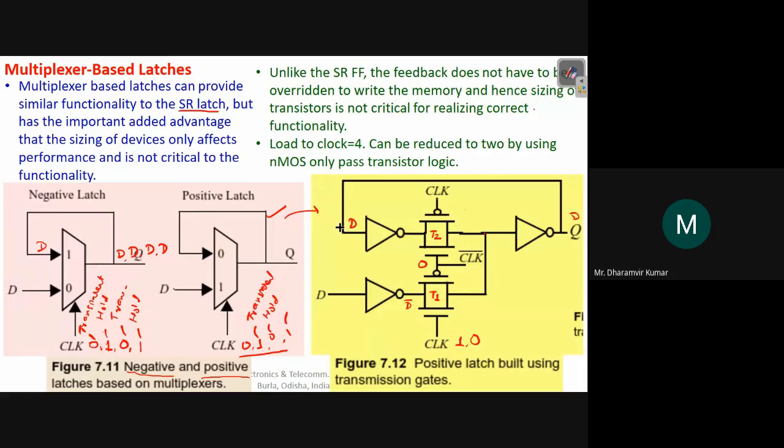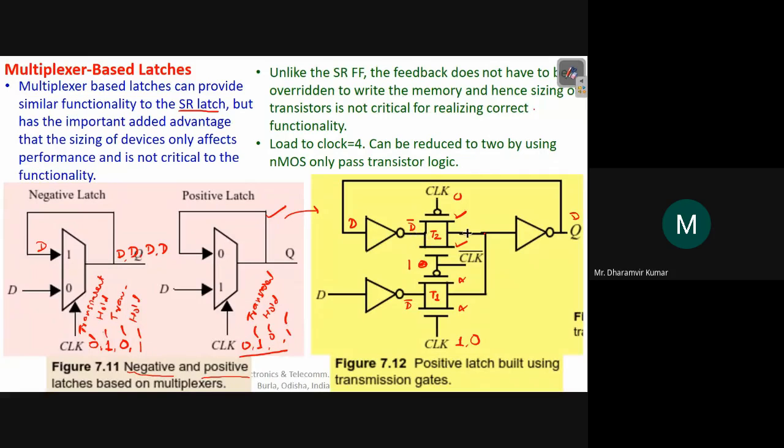So the D was available here, and this becomes D bar. So this was available during the previous half cycle. Now when clock becomes 0, clock bar becomes 1, clock becomes 0. So T2 is conducting and T1 is not conducting. So now when T2 is conducting, the input signal at T2 will pass to its output, which is actually D bar.